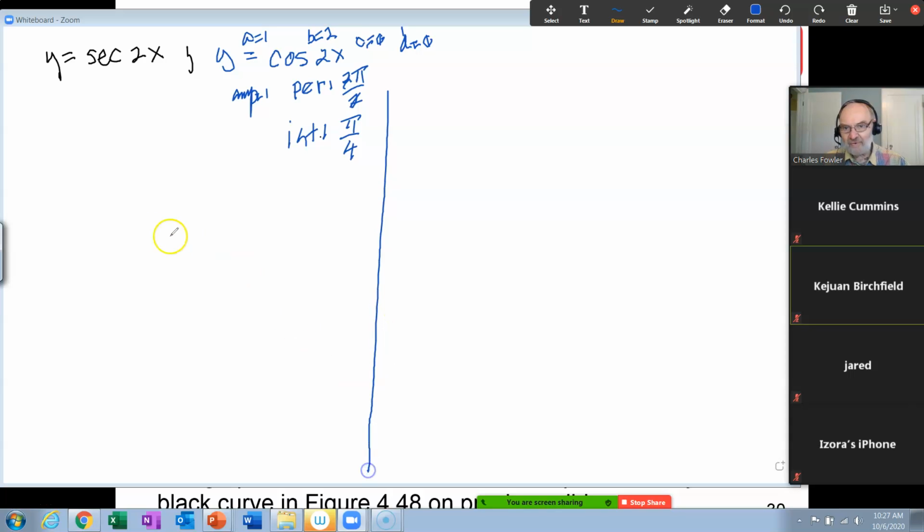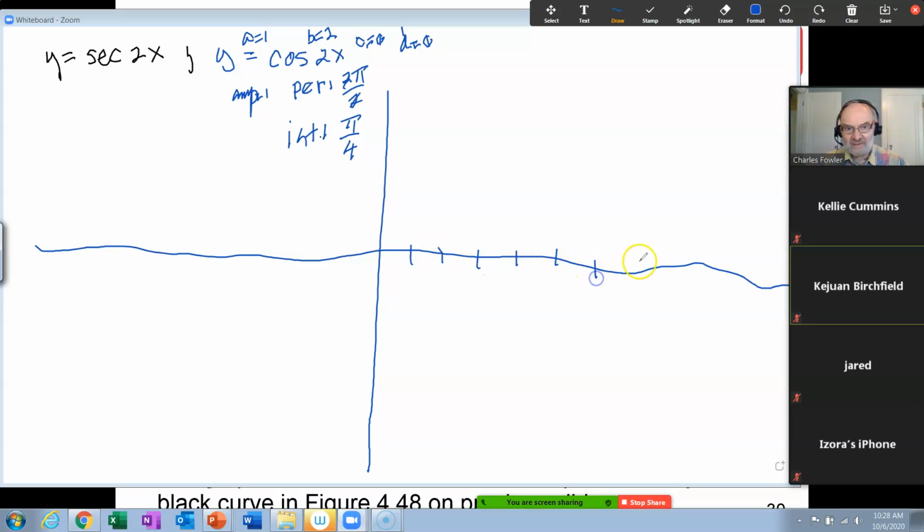It's supposed to be a vertical axis. This is supposed to be somewhat of a horizontal axis, so it should be a straight line too. Let's pick some points here. Tick, tick, tick, tick, tick, tick, tick. And to the left, negative, tick, tick, tick, tick, tick.